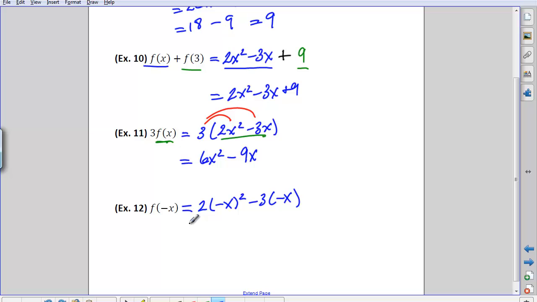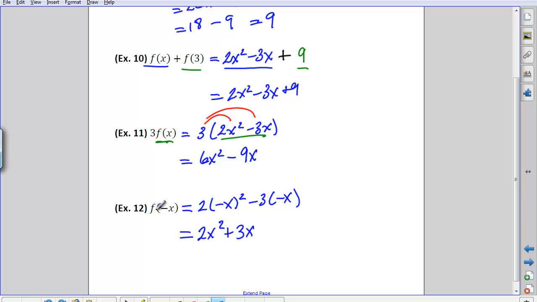And you want to simplify this down. If you square a negative x, negative x times negative x, negative times negative just makes that a positive. So the negative cancels out. Minus 3 times the negative x. Again, negative times the negative just makes that a plus 3x. So that's f of negative x.